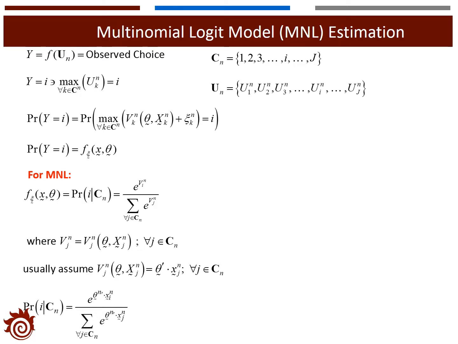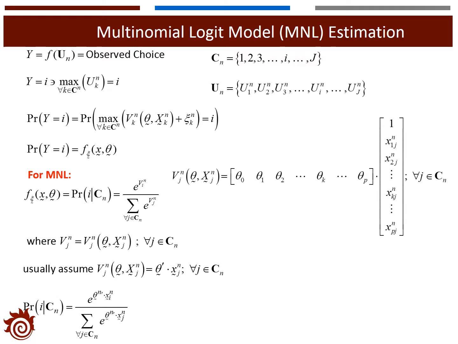With this assumption, we can rewrite the probability function in this formula. At the same time, V_j would be a vector of the parameter theta times the independent variable x, and this will be the linear format for the deterministic component.